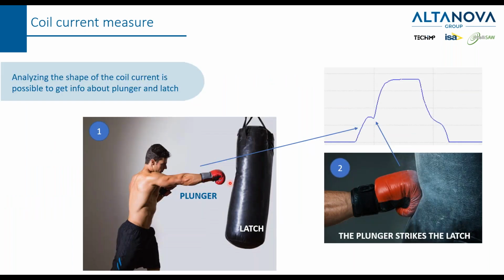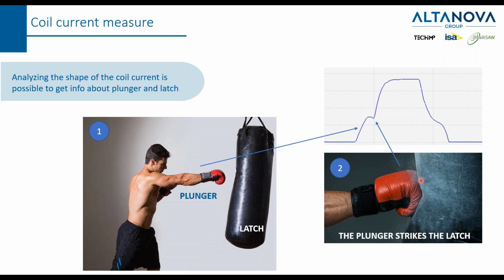Maybe plunger and latch are two words that do not tell you so much, so I will try to give an example. Imagine that the plunger is the arm of the boxer that transfers the movement and the energy to the main contact, but it cannot move everywhere.